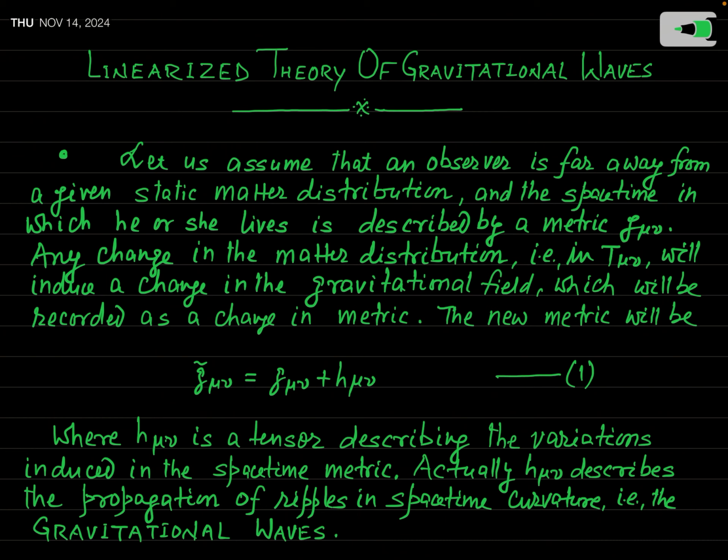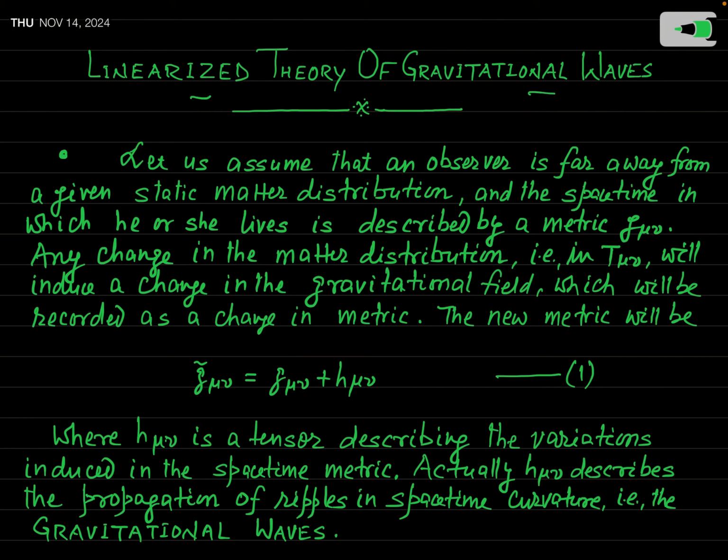So mathematicians seek a technique to solve Einstein's field equation, and for this they follow a process of linearization. We will make Einstein's field equation linear, and then its solution becomes easy and convenient. So we are talking about a particular theory which is called the linearized theory of gravitational waves.